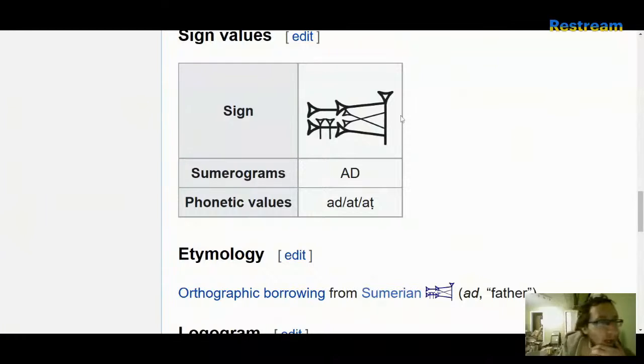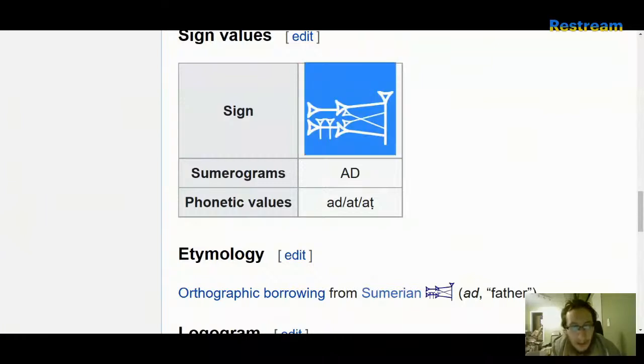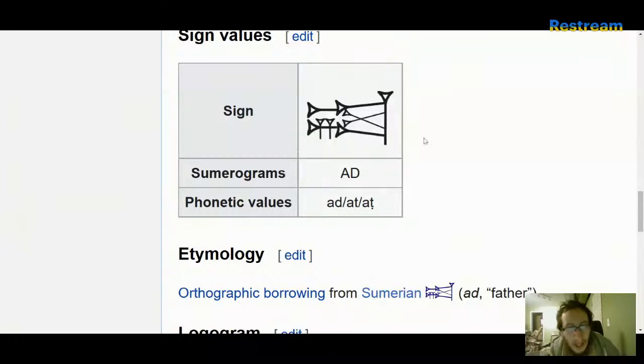So let's try to give an example in English of how this could make sense. If we were writing English in Sumerian words, we could use this word, but instead of pronouncing it as ad, we would say it as father. So if we saw this word in a book, instead of saying ad, we would say father.